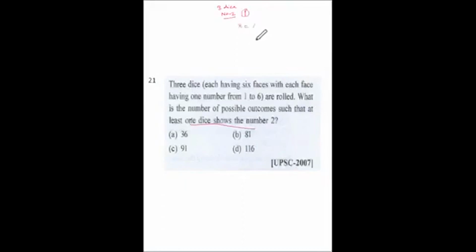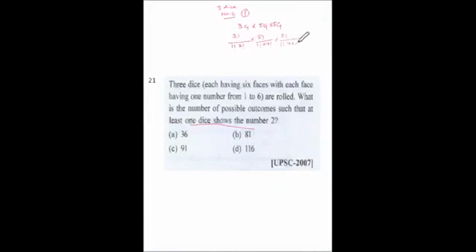3C1, and then number 2 is on 1 dice. So remaining 2 dices will have any number except 2, means remaining 5 numbers. So out of 5 numbers, 1 number, and out of 5, 1 number. So this comes 3 factorial upon 1 factorial into 2 factorial, into 5 factorial upon 1 factorial into 4 factorial, into 5 factorial upon 1 factorial into 4 factorial.